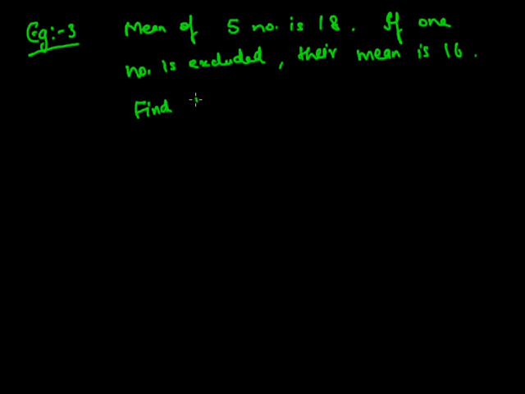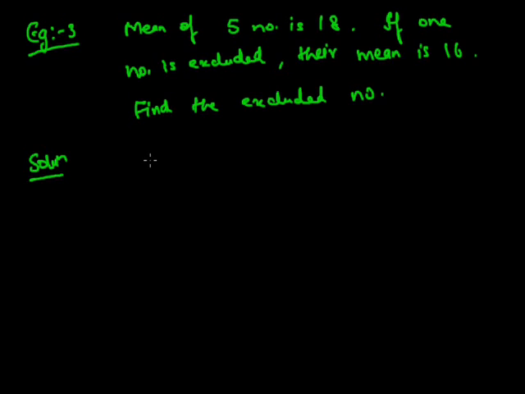So find the excluded number. So in the question it is given that the mean of 5 numbers is 18, and one number is excluded, then the mean changes to 16. So we need to find the excluded number.